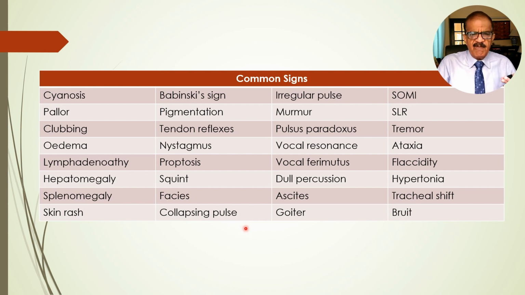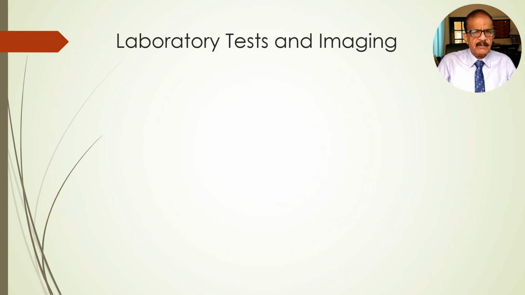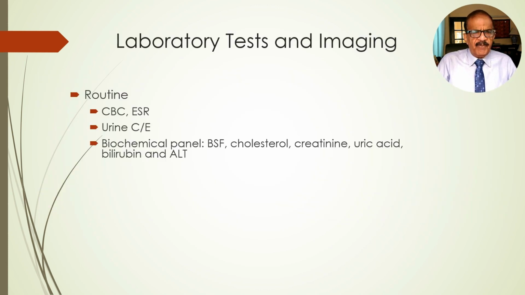So very briefly, I'm going to give you the outline of the laboratory tests we do. Routine tests may differ in different setups. For us, it is CBC, ESR, complete urine examination, and a routine biochemical panel: blood sugar, fasting or random, cholesterol, creatinine, uric acid, bilirubin, and ALT.